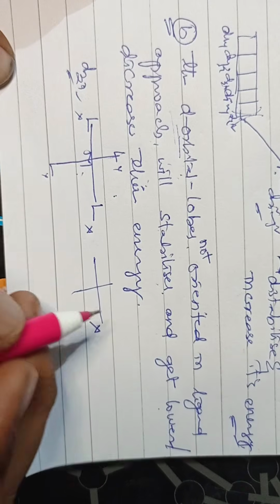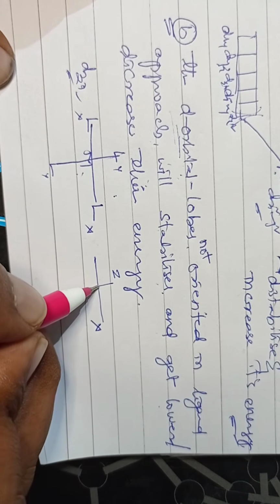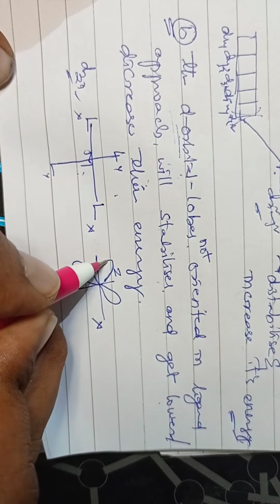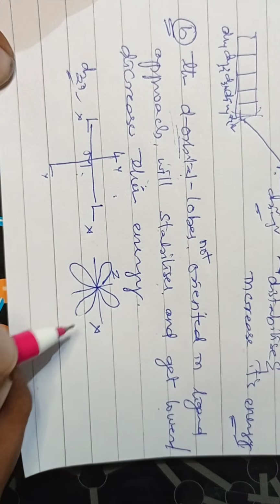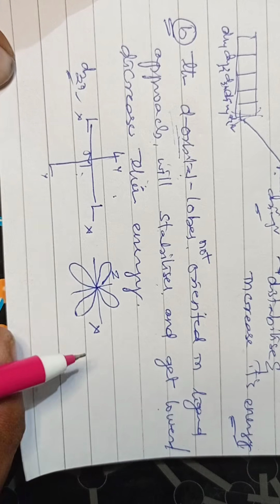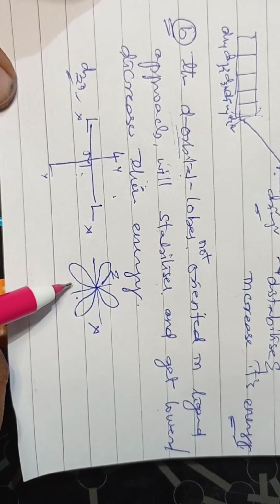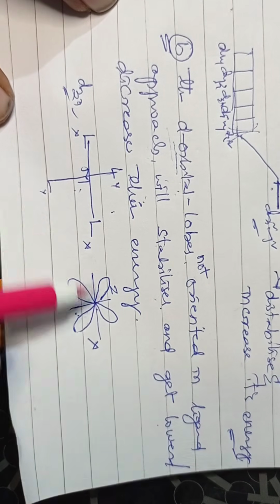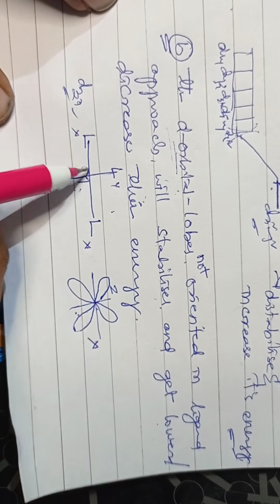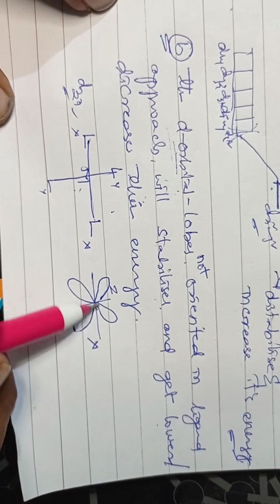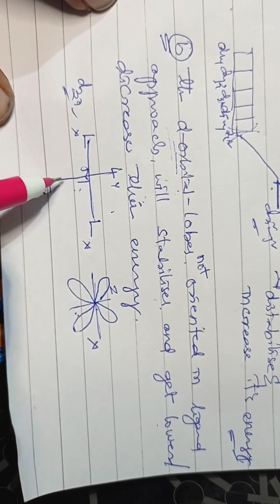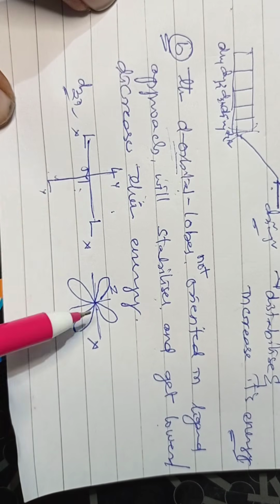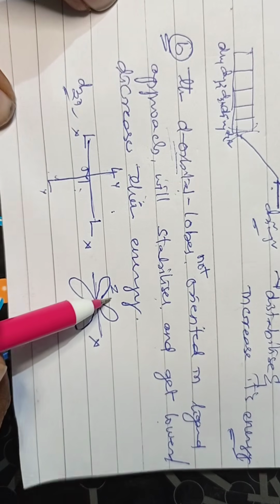This is x, this is z. The orbital has lobes in between x and z. Looking here, it may appear on the plane, but actually when we assume it in three dimensions, it would be different. Here we have the same x-axis, but the front and back axis is y, and here it is z.